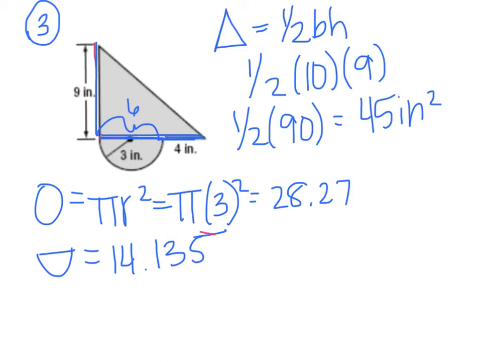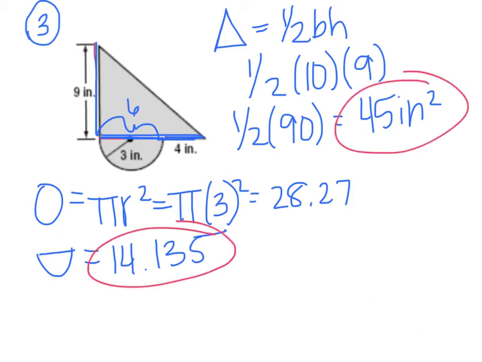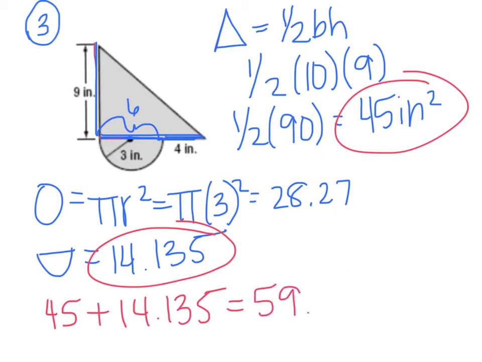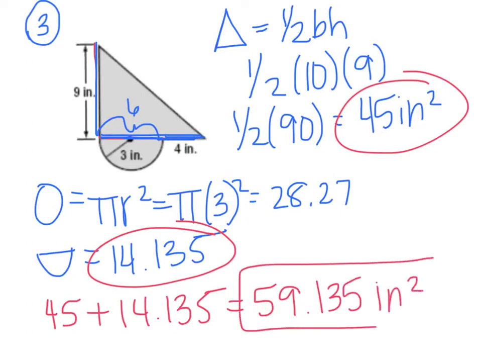So now we can take our half circle plus our triangle, so 45 plus 14.135 equals 59.135 inches squared.